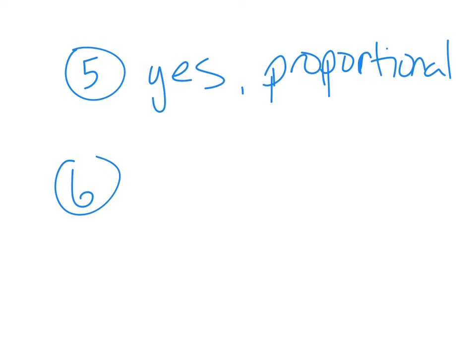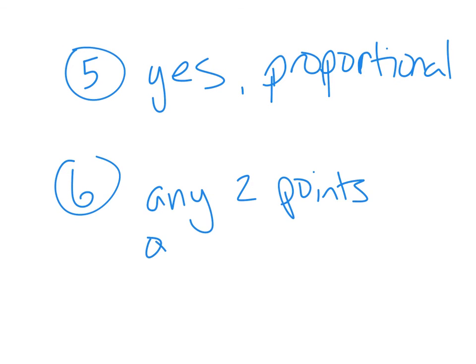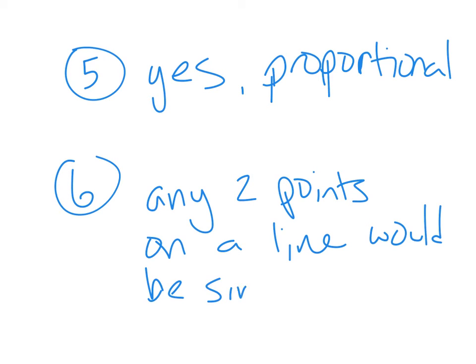Right triangles are drawn to show the slope of any 2 points on the line. So the short answer is any 2 points on a line would be similar. The slope would be the same anyway.